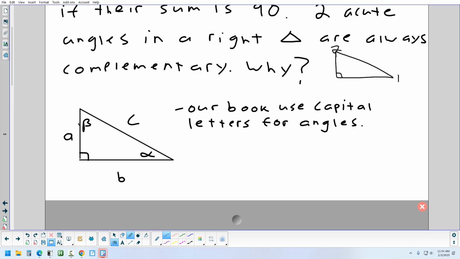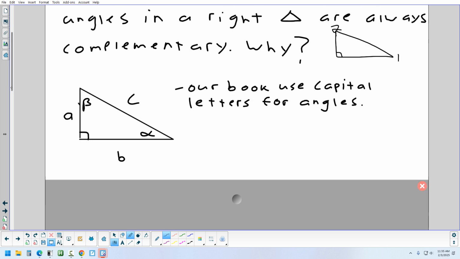And the other thing is, if I say, look at B, and I'm not clear, you'd wonder, does he mean the capital B or the lowercase b? It eliminates some confusion if we use Greek letters for angles and English letters for sides. So if I ever get a problem that uses capital letters for angles, I just change the whole problem to Greek letters. Just cross it out and change it.